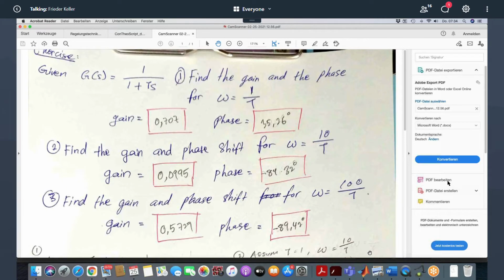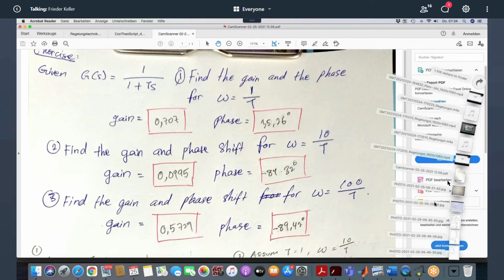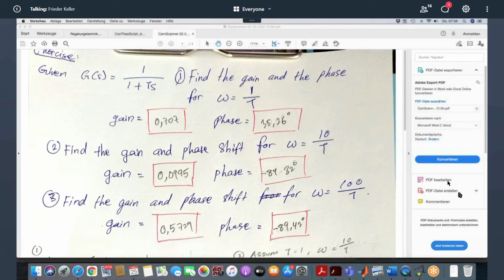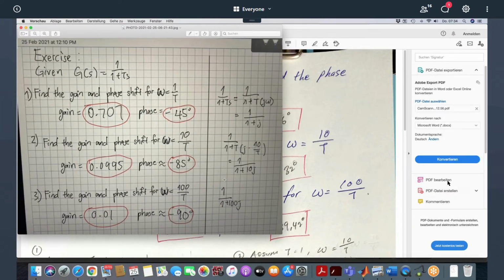So let me just check the next thing. Here I take this one. Good. Looks good. I think that everything is correct. I'm not quite sure with that. It's at minus 85 degrees. But we can verify that pretty easily.